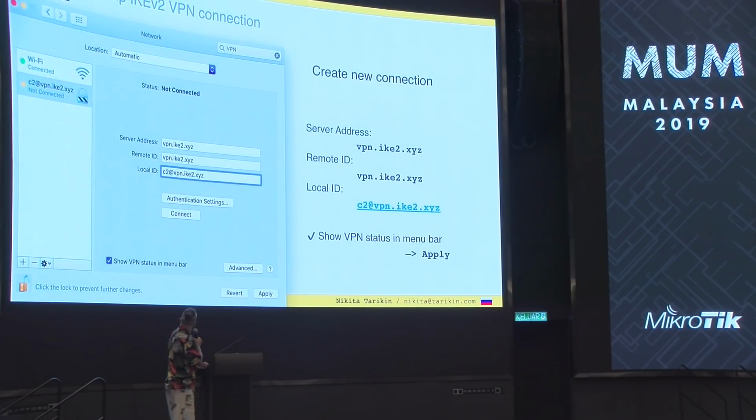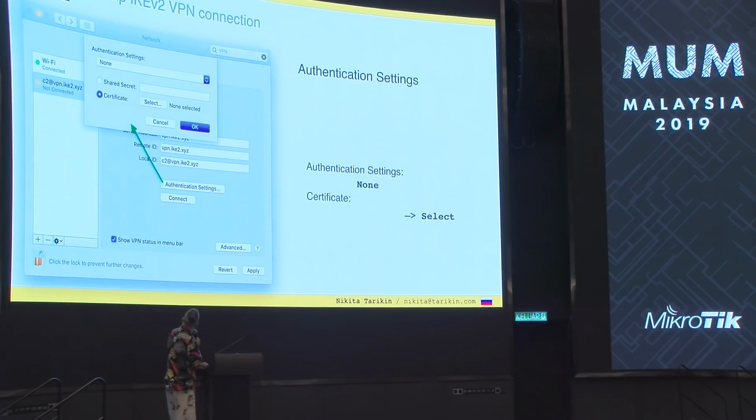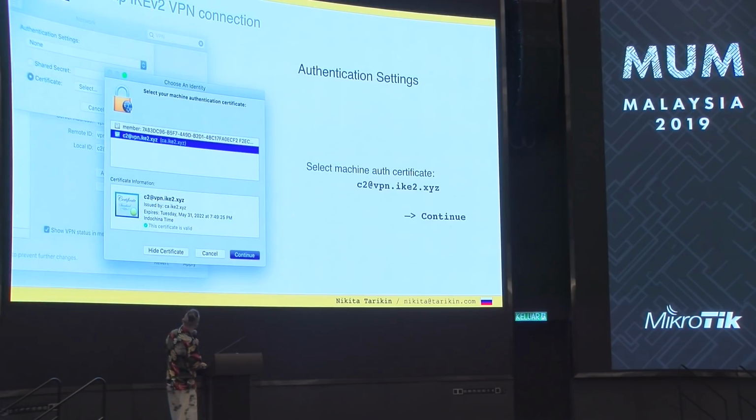So, yeah, don't forget to put show VPN status in the menu bar. It's a good trick. Then you can connect from the top bar, status bar. Then go to authentication settings, and use machine certificate. Select. Use your client certificate.